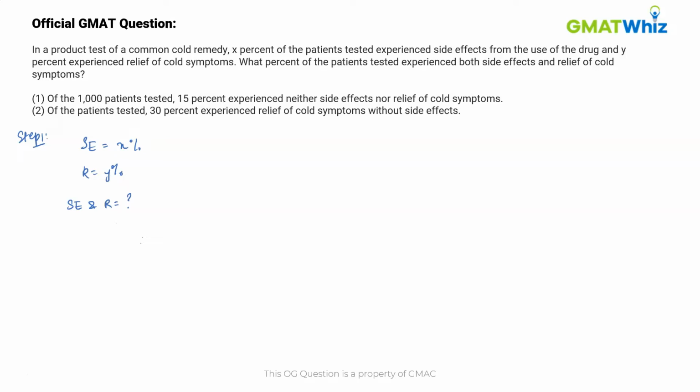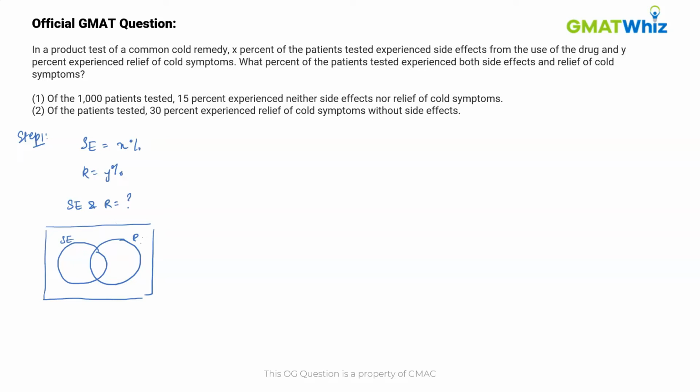Now, when we draw the entity diagram for the question, we have two entities, where one represents the side effects and the other represents the relief of cold symptoms. And the part outside the entities represents the number of patients who did not experience either of the symptoms.